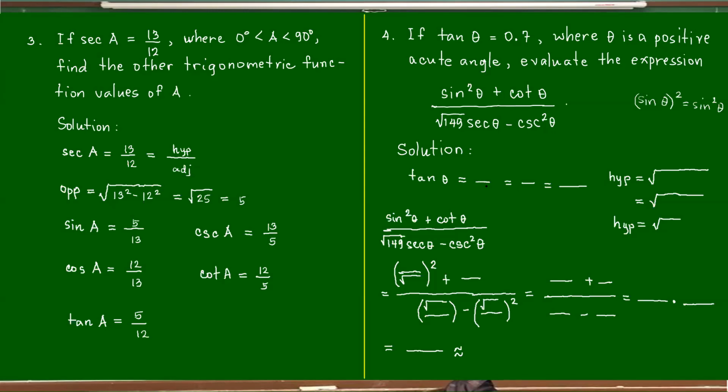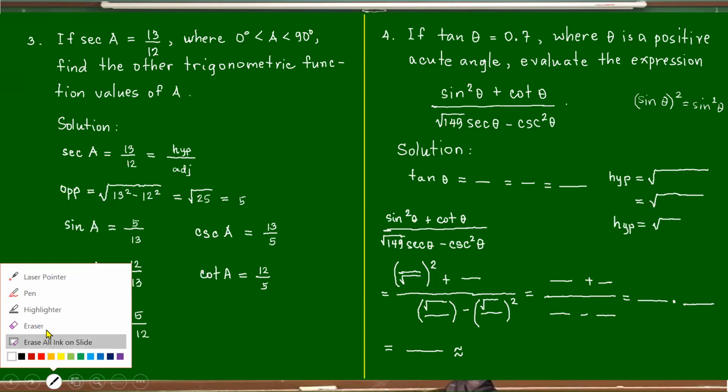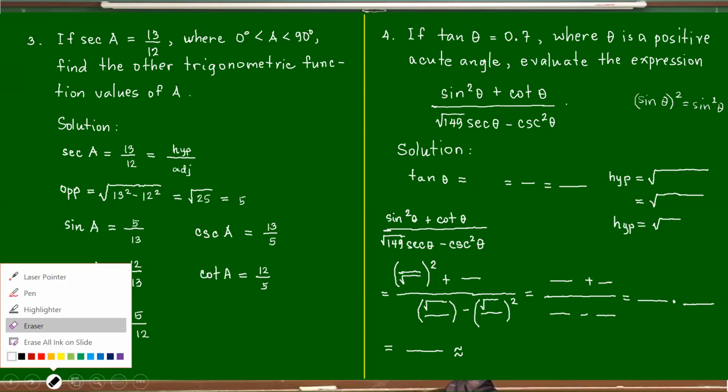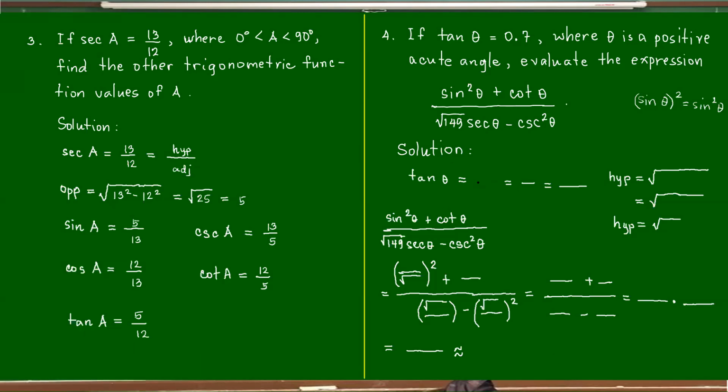So again, what is tangent theta, guys? 0.7. But we cannot directly use 0.7 because remember, we define trigonometric functions as ratios, and 0.7 is not in the form of a ratio.